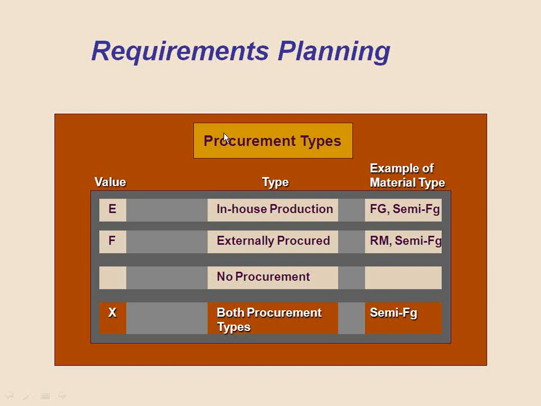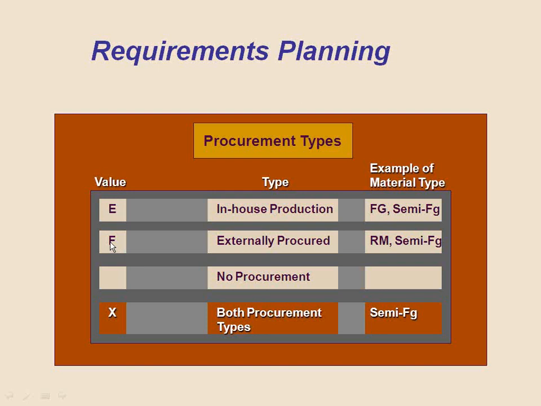One is E, in-house production material. Normally this type of procurement type is assigned to the material type finished goods or semi-finished goods. F means externally procured material.